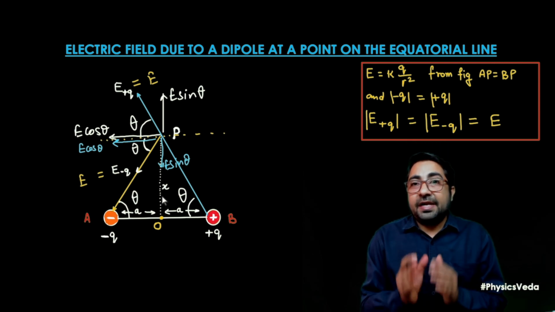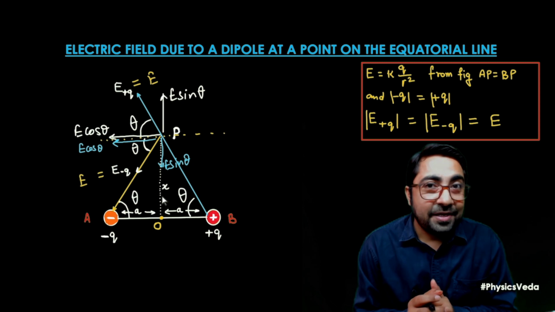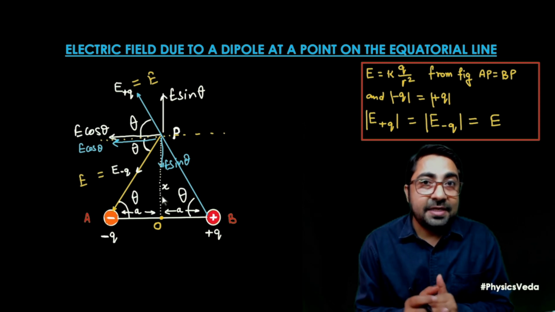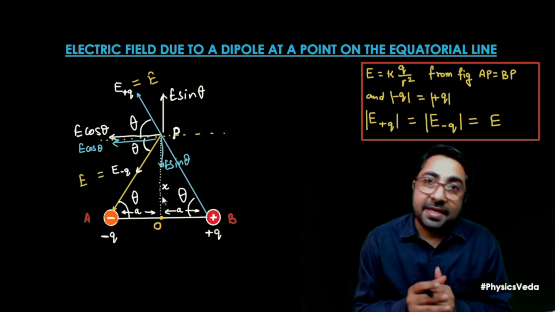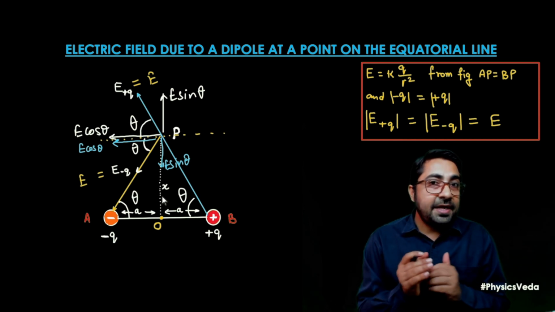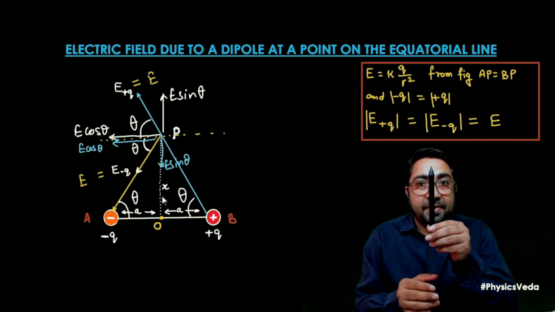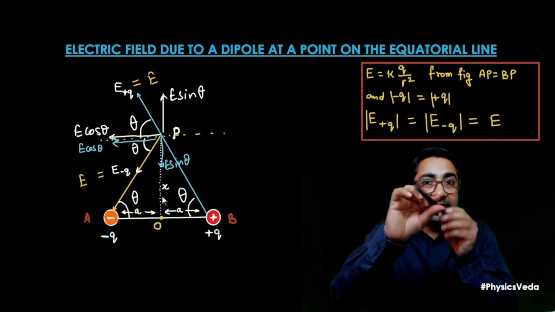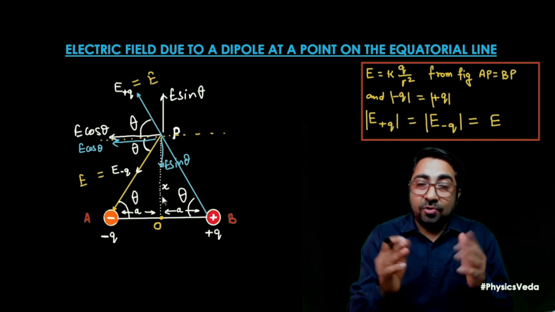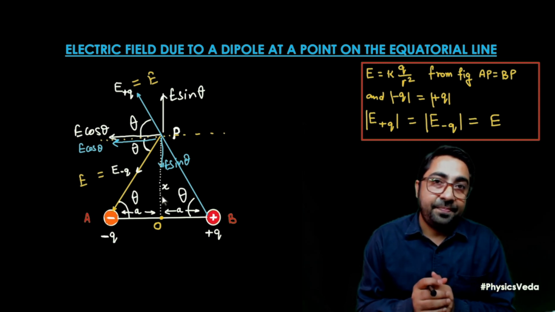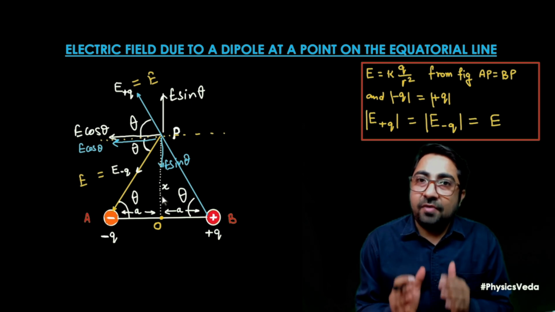So from this vector diagram, it is clear that some components may cancel. That is, E sin theta in this direction and E sin theta due to the negative charge in the opposite direction, and both are equal, so they cancel. So only the horizontal component of the electric field will remain.